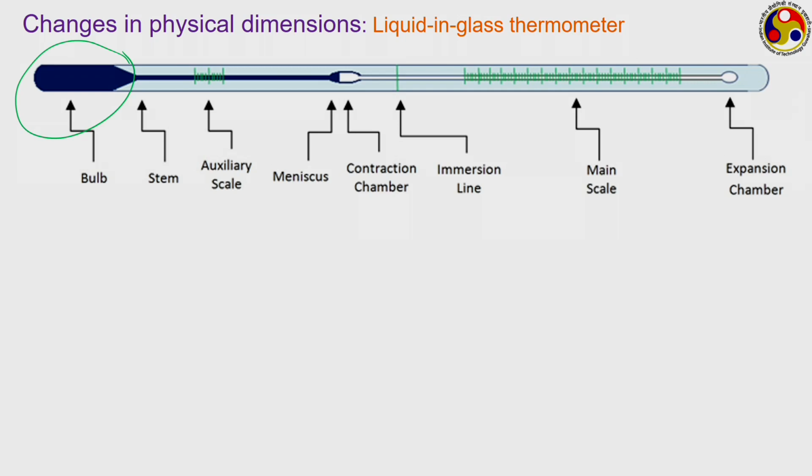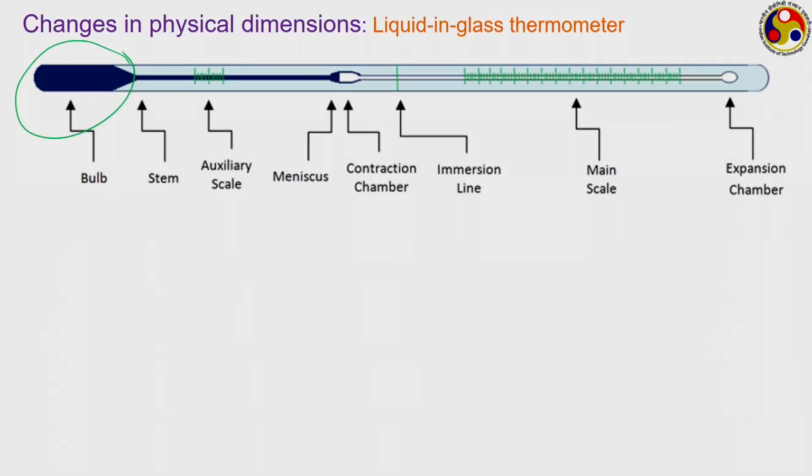We generally have a very thin glass wall, which should be thin enough so that the fluid inside can sense the temperature of the surface with which you are bringing it in contact, but at the same time it should also be hard enough to sustain minor vibrations or minor shocks.